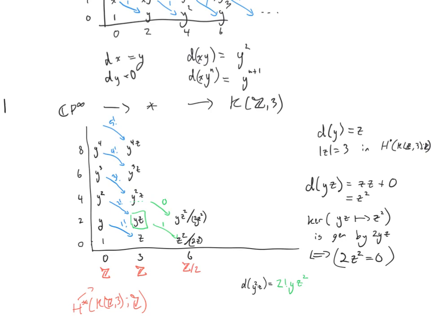So the next possible place where this differential could hit something is going to be down in the bottom row. And if you work it out, so let me draw a box here. y squared z lives in total dimension 7. So since the differential increases degree by 1, over here in degree 8, there has to be some new generator.